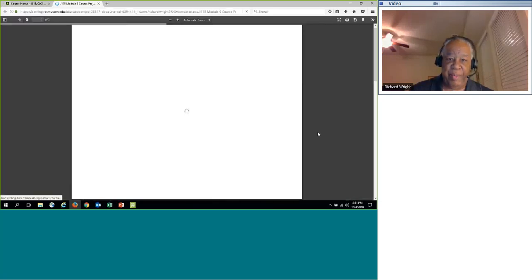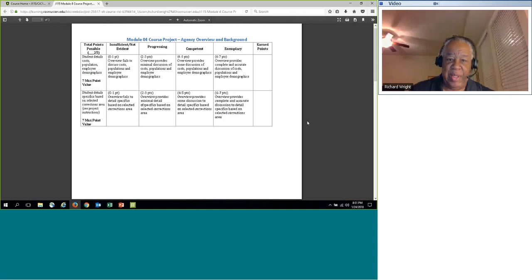The course, the module, and the rubric, and it tells you what you have. It's a total of 25 points. Student details the cost, population, and employee demographics of their agency. You get 7 points, and then you lose points if you fail to provide that.